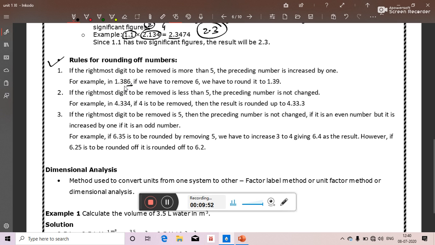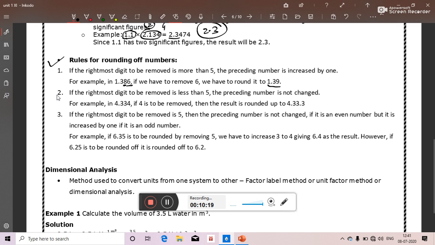So in that case, in the preceding number, that means 8, we have to add 1. So 1.386 will become 1.39. So this is the first rule. Whenever the last digit is more than 5, then we have to increase the second last digit by 1. So it will be 1.39.